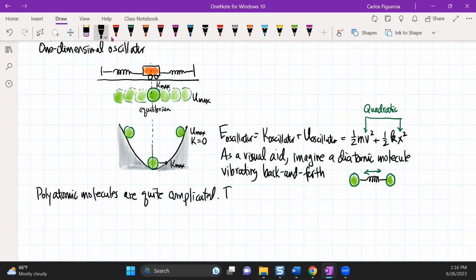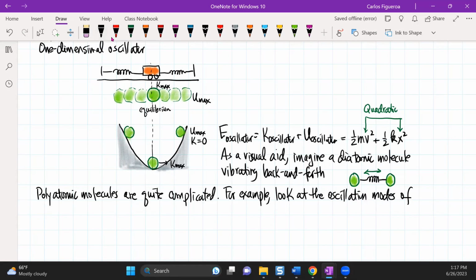For example, look at the oscillation modes of water molecules.